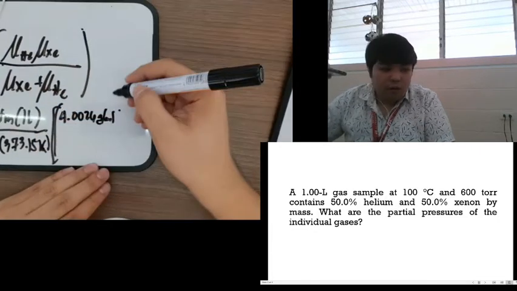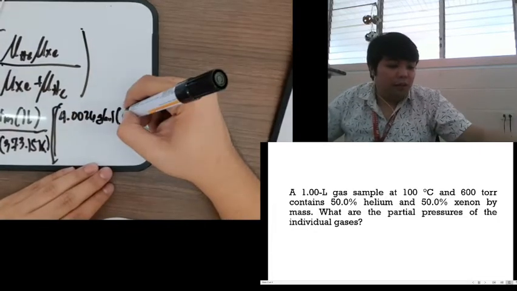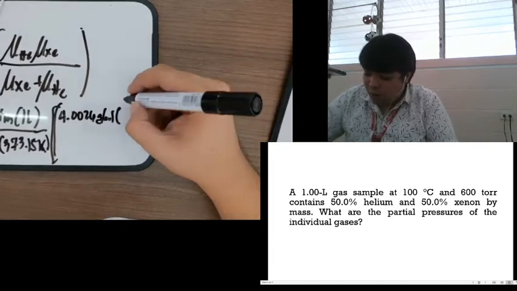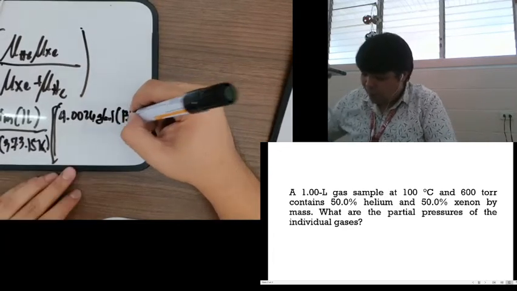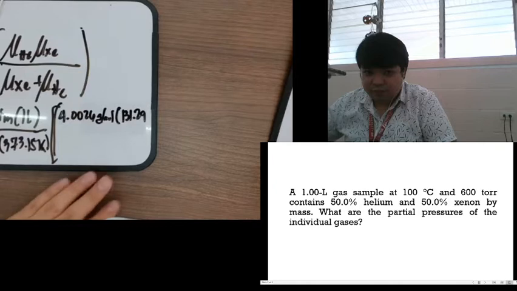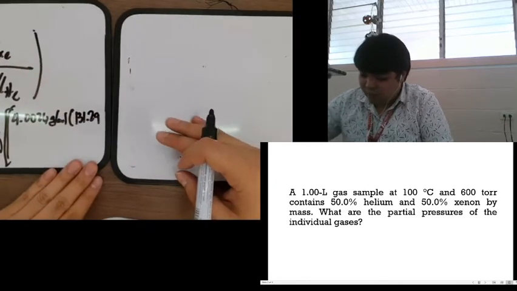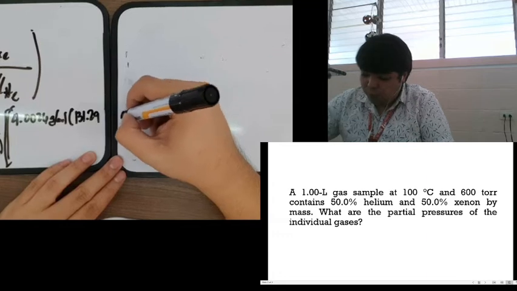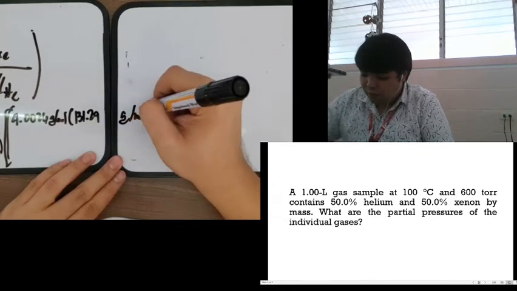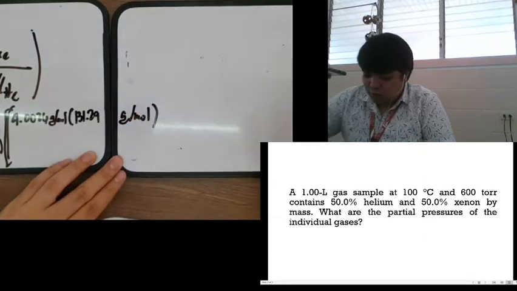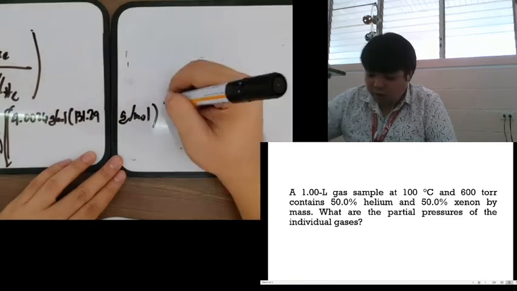Multiplied by xenon, which has a molar mass of 131.29 grams per mole, divided by, all over 2.